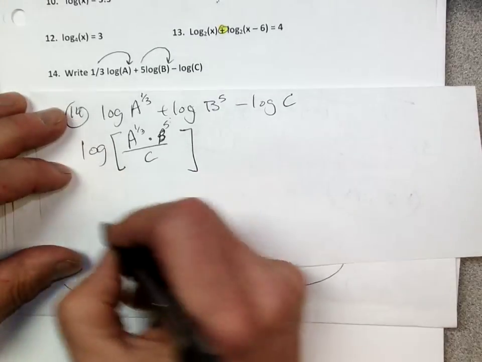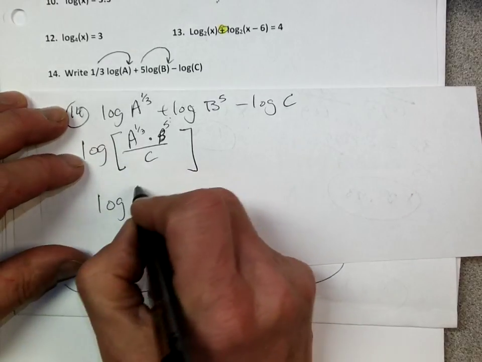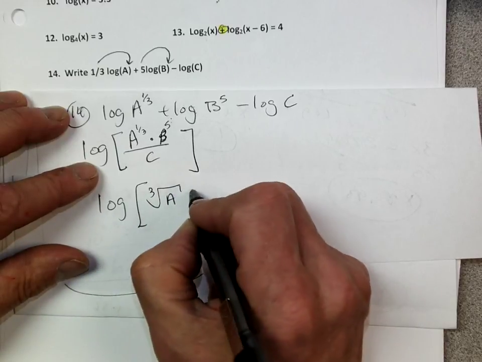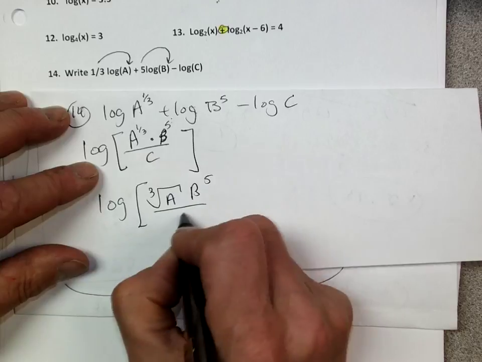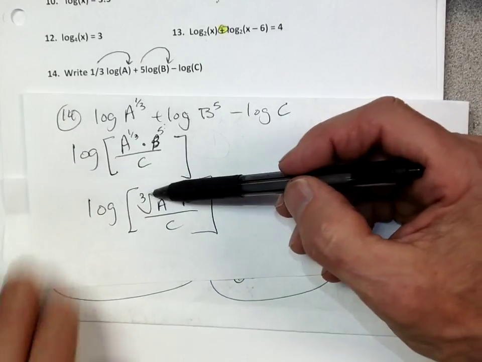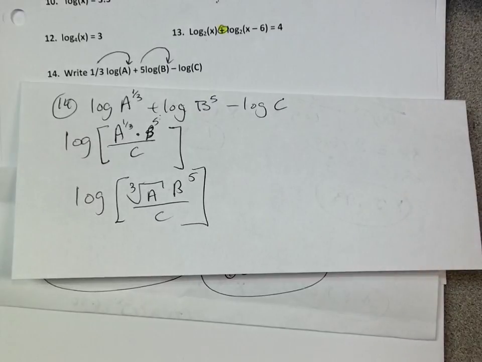I would like this instead, but I would take that: cube root of A B to the 5th over C, okay? Because 1/3 power is really a cube root. Just looks nicer. But I'd take either one.